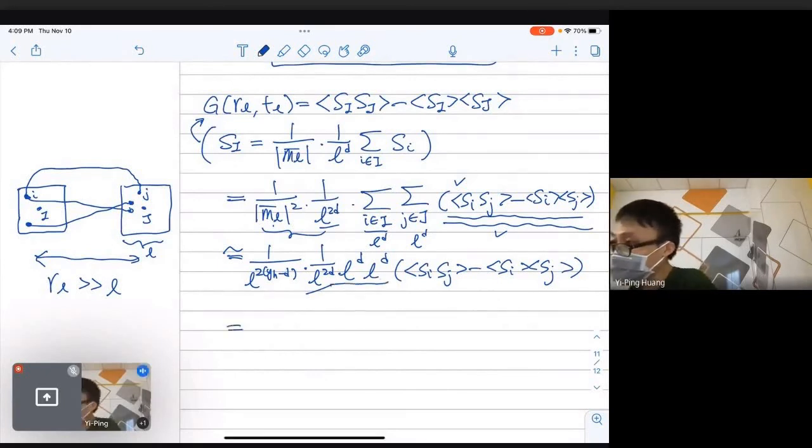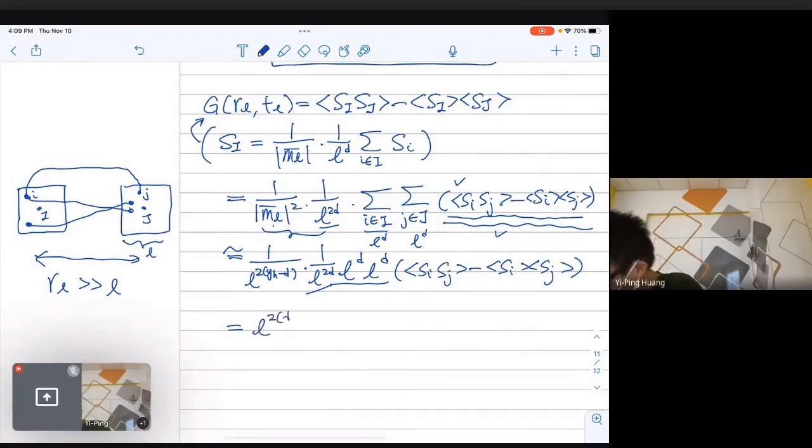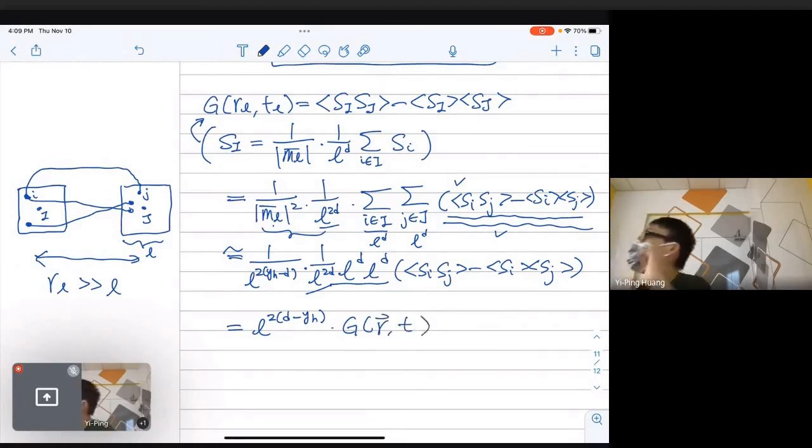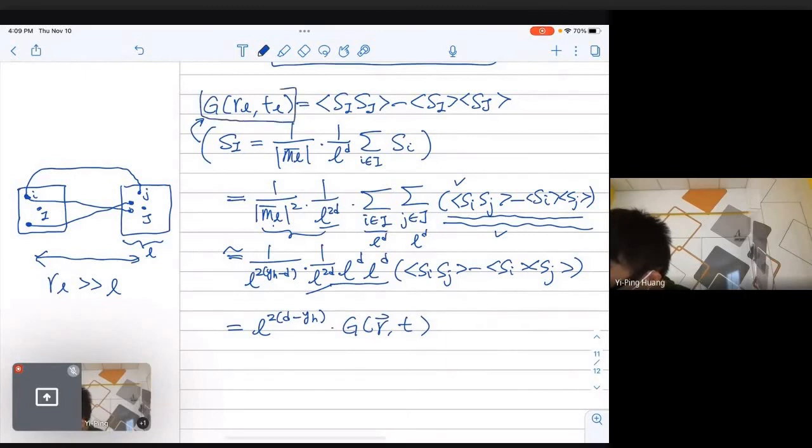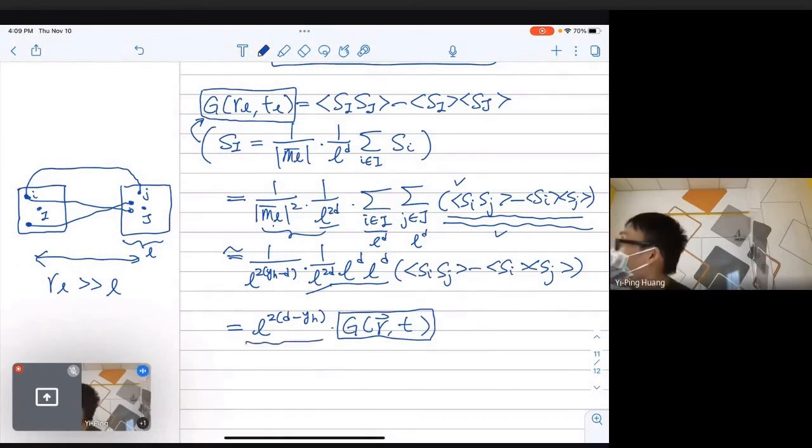So eventually I got L to the 2D minus 2y_h times the Green's function defined by the original lattice model. So what I'm doing here is basically I build a relation between the coarse-grained correlation function and the correlation function before we do the block spin transformation. And they are related by how you do the block spin transformation in this way.